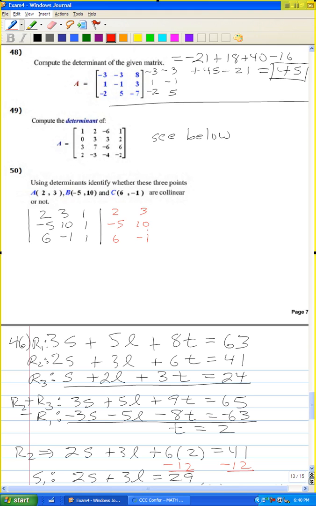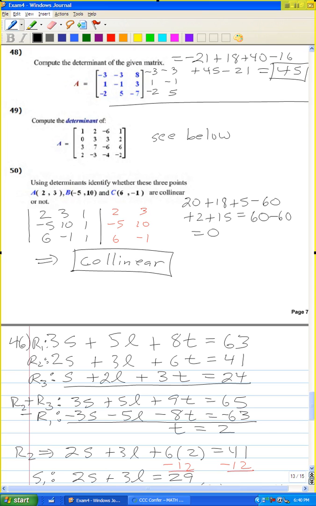So if I do that, I get 20 plus 18 plus 5 minus 60 plus 2 plus 15, 20, 40, 60 minus 60, 0. So therefore, these are collinear. And that's your answer.